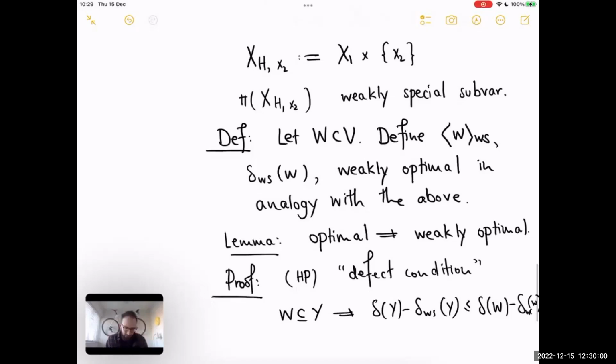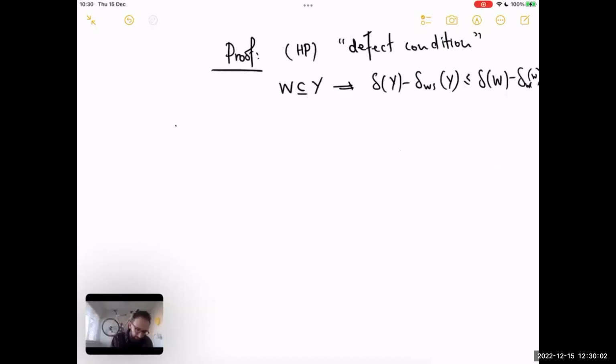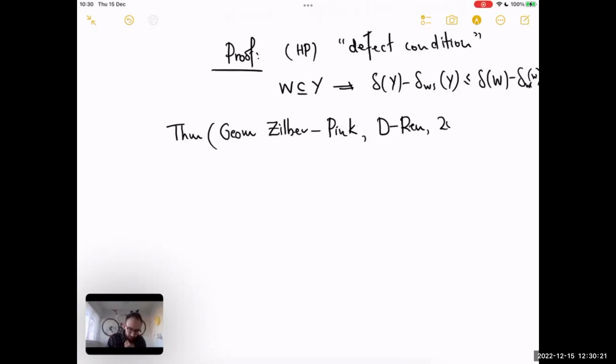Okay, so now geometric Zilber-Pink. In this generality, this is the theorem proved by myself and Jinbo Ren in 2018.